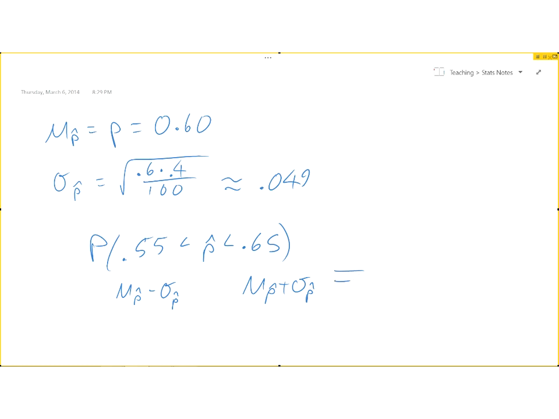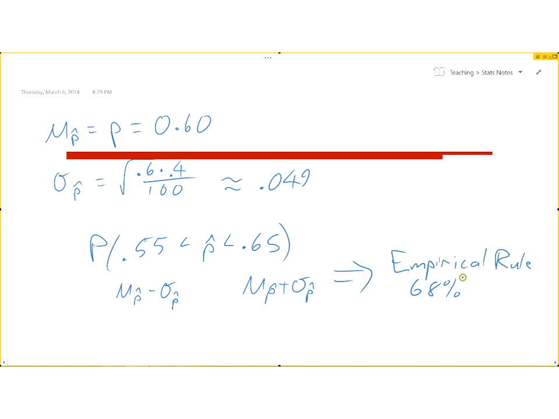And by the empirical rule, that's 68%. Remember, 68% within one standard deviation, 95% within two standard deviations, 99.7% within three. So we can just use the empirical rule to do that.